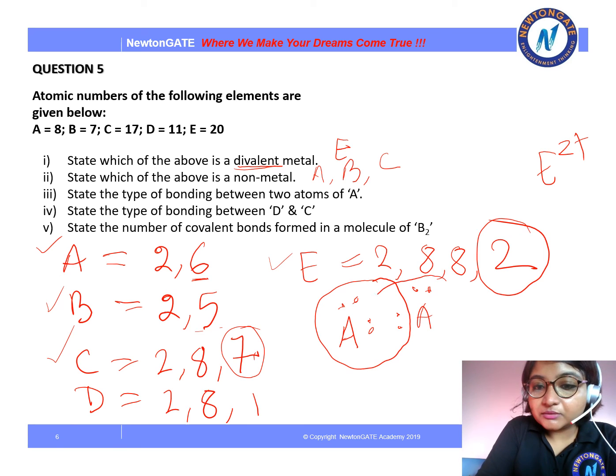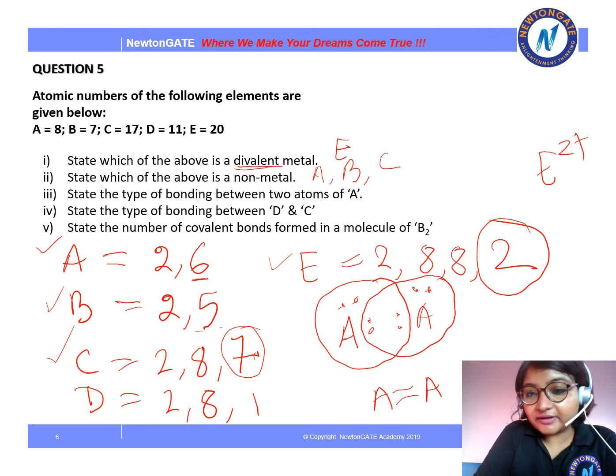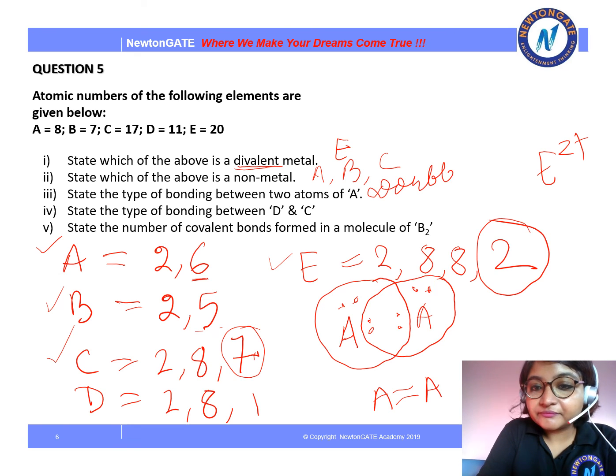This is how they will form the bond. There is a double covalent bond. So the type of bonding between 2 atoms of A is a double covalent bond.